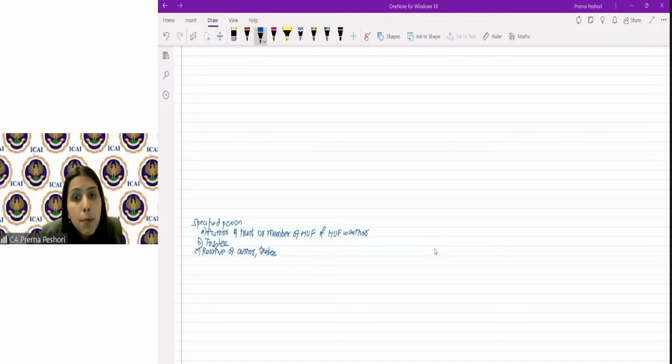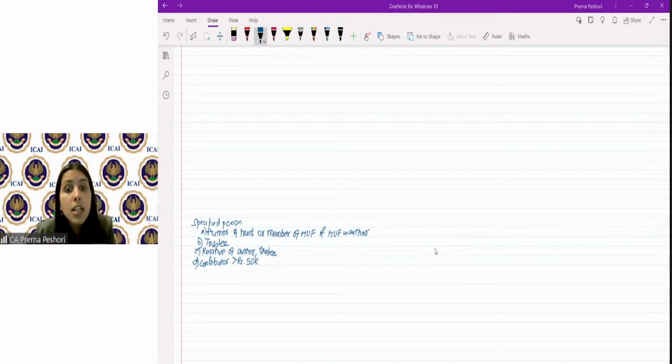Any person who has made a substantial contribution to the trust. Substantial contribution means where the total contribution exceeds rupees 50,000. Any contributor who has made a contribution of more than rupees 50,000 during the year. And any concern in which these people have a substantial interest. Now, what do we mean by substantial interest? Same as you learned under 2(22)(e), deemed dividend, where the loan or advance is given to a concern in which the shareholder has a substantial interest.